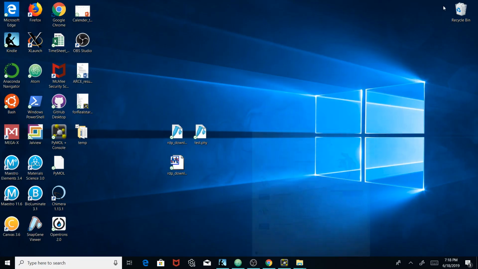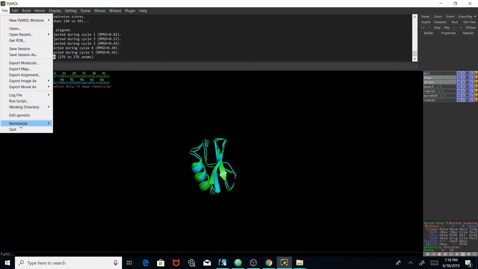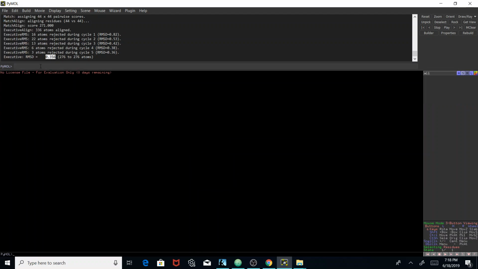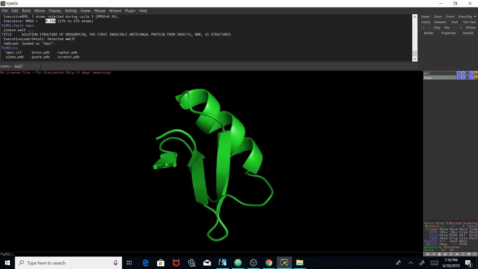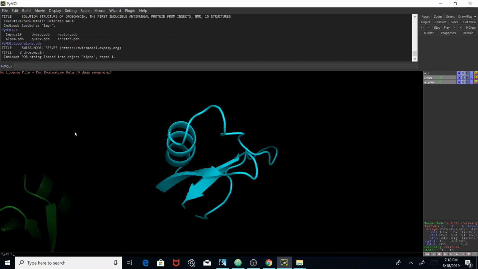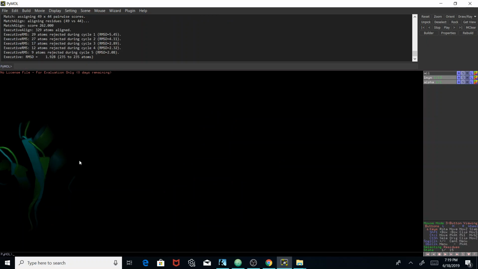And then from here, I'm going to open up PyMol, and I'm going to clear everything out of the way real quick, reinitialize everything, and then I'm going to fetch, and then I'm going to load alpha, and then I'm going to align these two now. So here we have our section here.